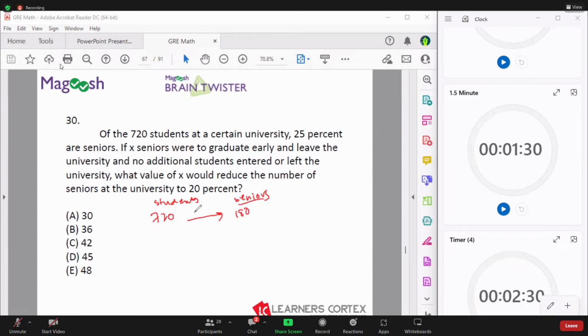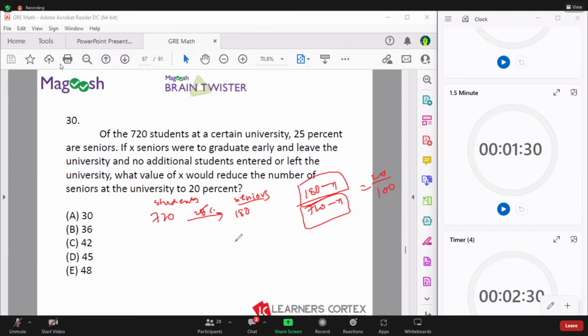So what we do is 180 minus X divided by 720 minus X. Why minus X here? No students are added and the total number reduces by X. Exactly. The number of seniors is reducing as well as the total number of students, right? 720 would not remain the same. Wonderful. Gives 20 by 100.